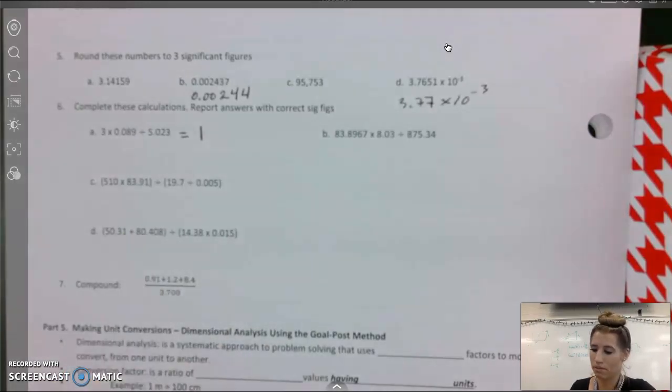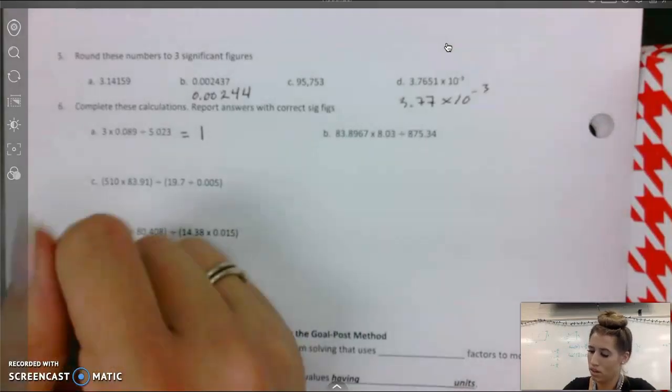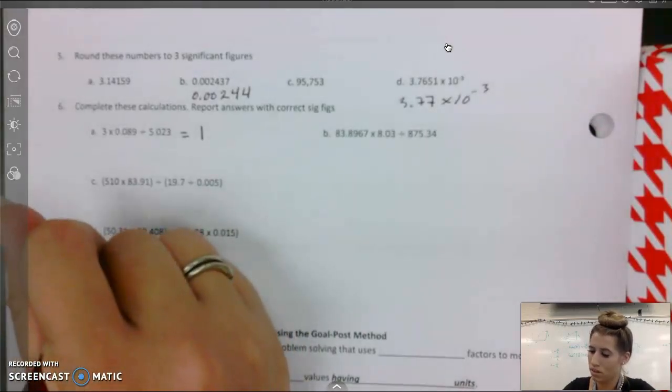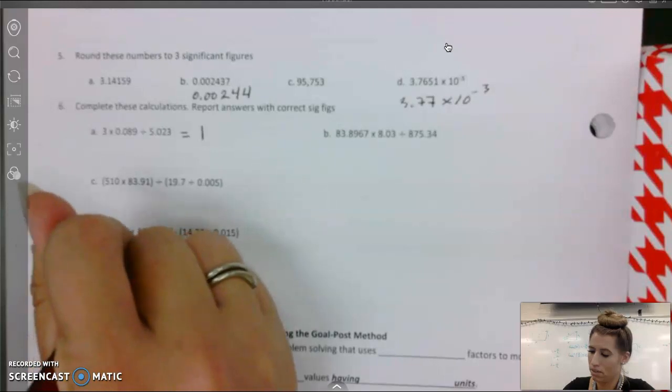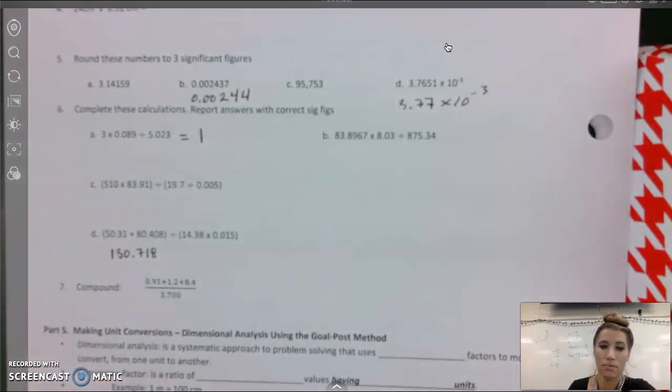Because if I take that 50.31 and I add that to the 80.408, I get an answer of 130.718.